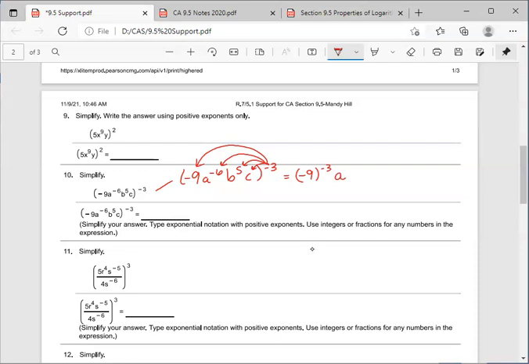A is being raised to the negative 6 right now, so when I distribute that negative 3, it's going to be negative 6 times negative 3. B is raised to the 5th, but when I distribute that negative 3, it's going to be 5 times negative 3. C is just to the 1st right now, so 1 times negative 3 is just going to be negative 3.